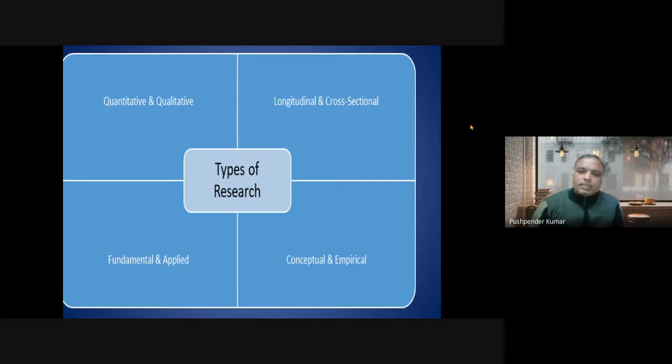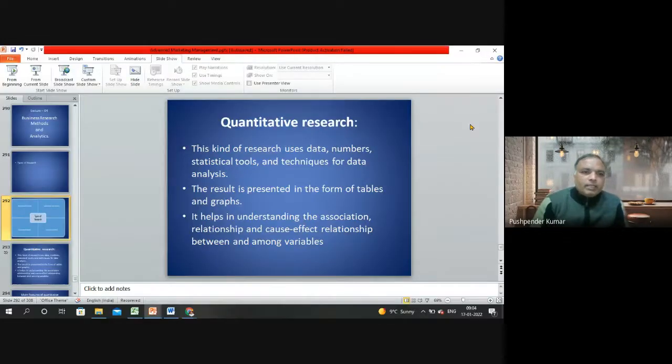We'll discuss quantitative, qualitative, fundamental and applied, conceptual and empirical, and longitudinal and cross-sectional kinds of research. I hope you are all aware of quantitative and qualitative. Very few people would be aware of fundamental, applied, conceptual, empirical, longitudinal, and cross-sectional.